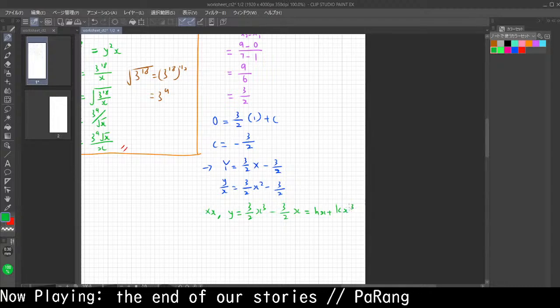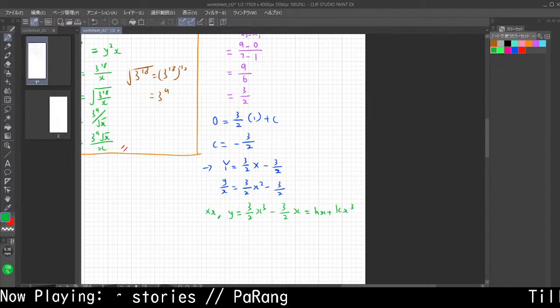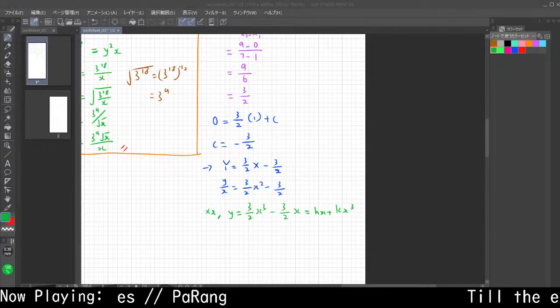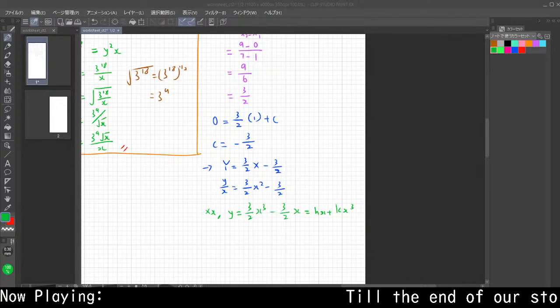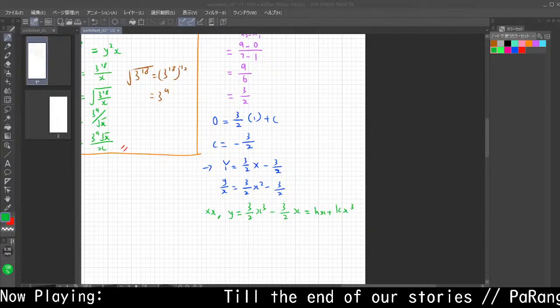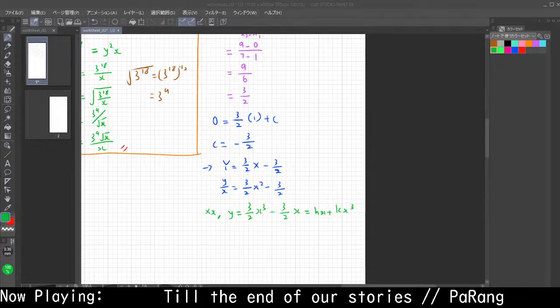Okay, so we basically have this. Testing 1 2, testing 1 2. Oh, okay. That's weird, but it's fine. I'll just put it like this.